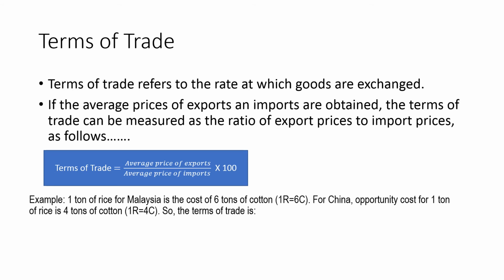For example, 1 ton of rice for Malaysia is the cost of 6 tons of cotton, while for China, the opportunity cost for 1 ton of rice is 4 tons of cotton. So the terms of trade is 1 rice equals 4 cotton.